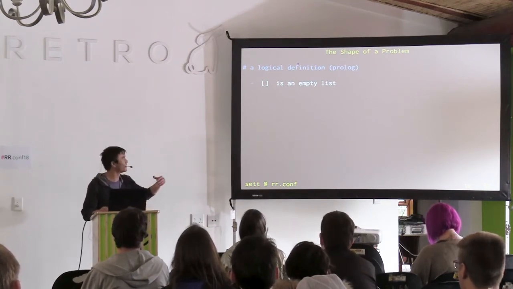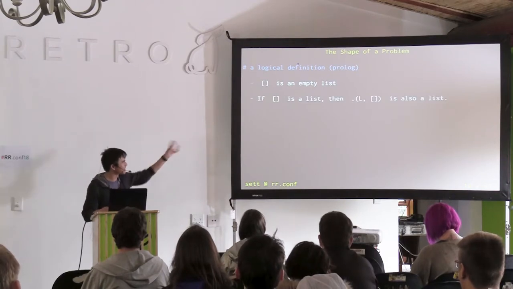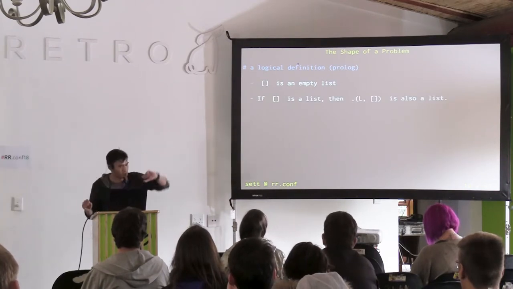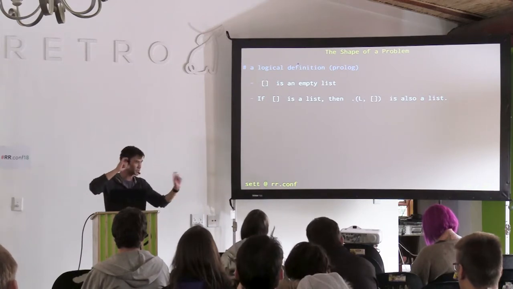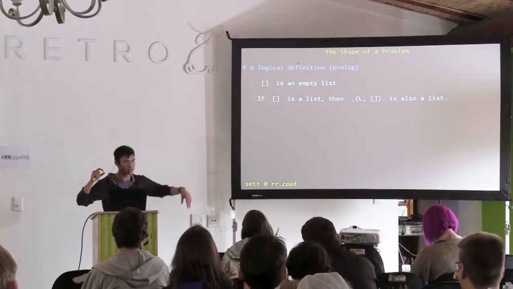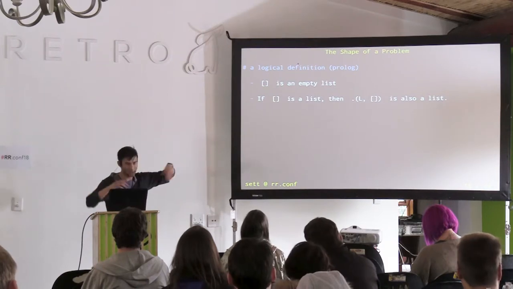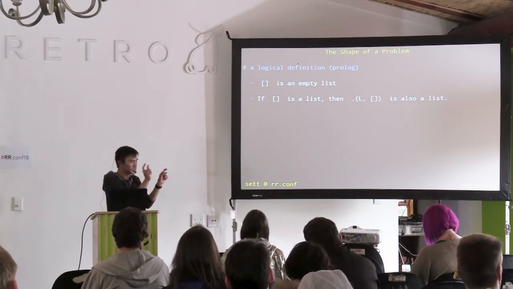And what we're saying here is that that's an empty list, and if that's a list, then that function is also a list. So it's not quite a function like you would see in functional programming. That's just a relation. You can replace that dot with anything, and it just says that thing is true.